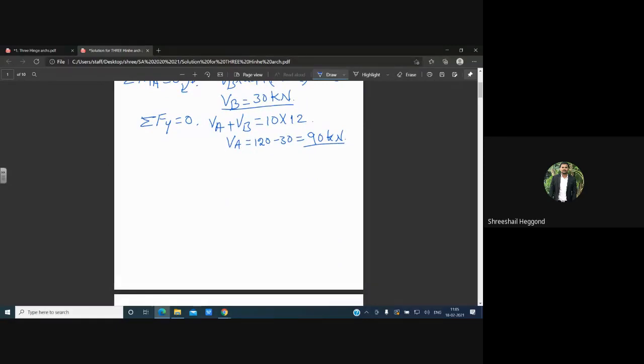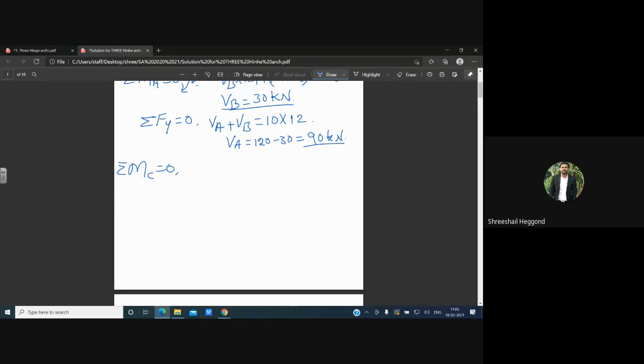If I consider the right hand side, what will be the value? And if I consider left hand side, what will be the value that you need to find out? Right hand side, there is no loading condition, only the support reaction will be there. Only two values will be there. One is already known, so easily you can calculate.